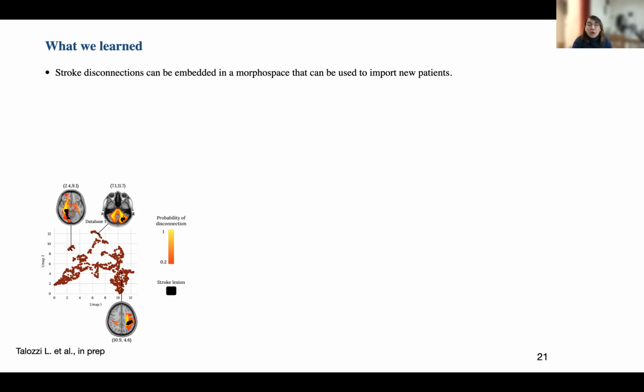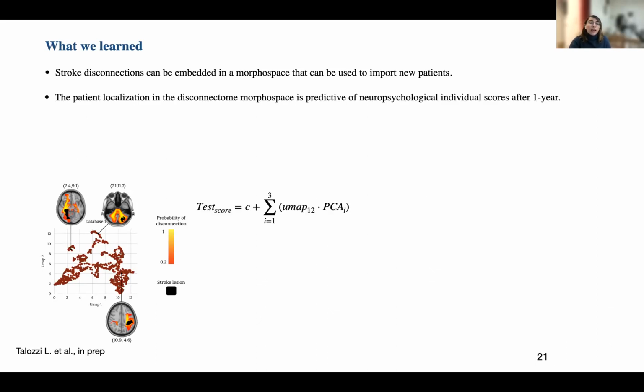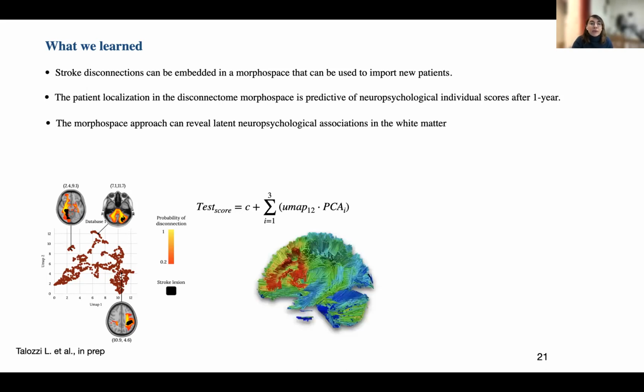And we translate this model also to new patients to import in this model. And we also created a formula that allows us to correlate and predict neuropsychological scores related to the localization in the disconnectome morphospace.